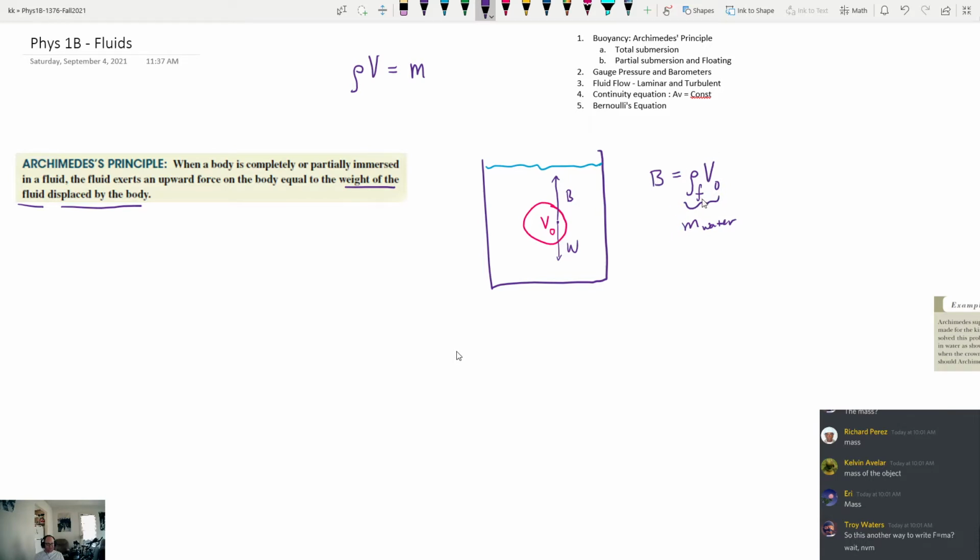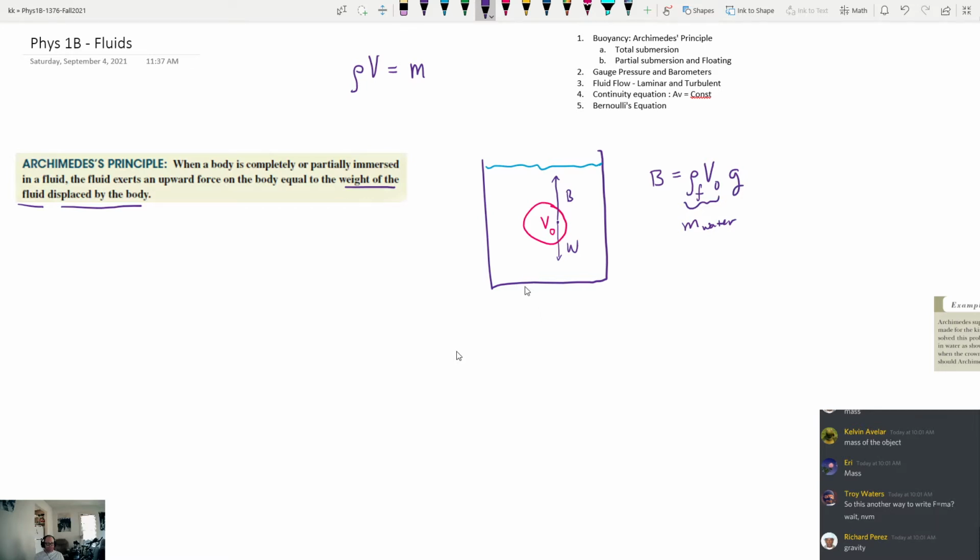We have mass, so we multiply by what? Gravity. Yep, g. And that gives us the weight of the water displaced, because the volume of the object times the density of the fluid gives you the mass of the water. It's like, suppose you take this object and replace it with water. That's how much it would weigh, right? And that's the buoyant force acting on the object when it's fully submerged.